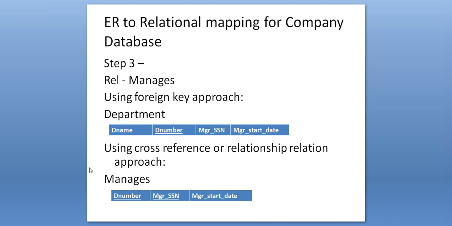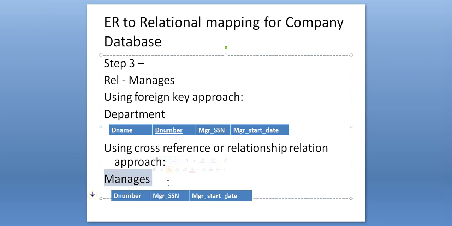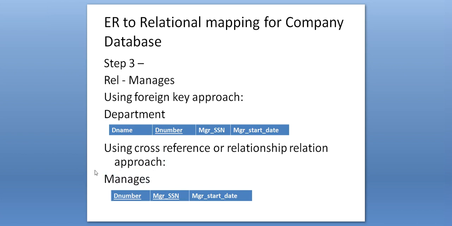The only thing we need to do is, for the manages relationship type, we will create a corresponding relation. I have shown the relation here as manages. I am giving the same name; instead of manages, you can also give other names like department manager, some meaningful name, but I'm using the same name, manages.